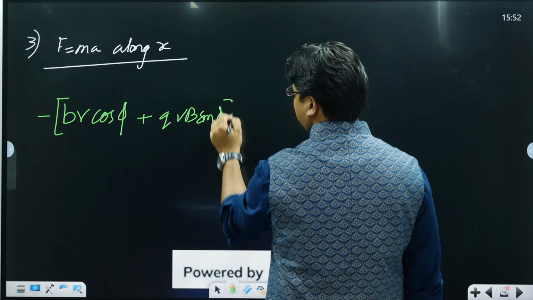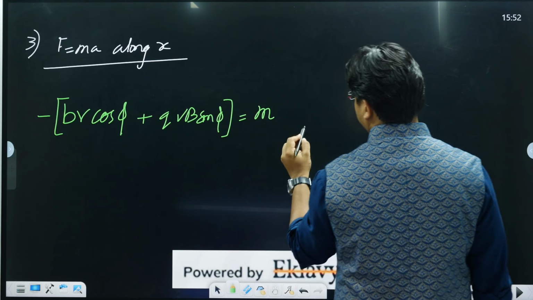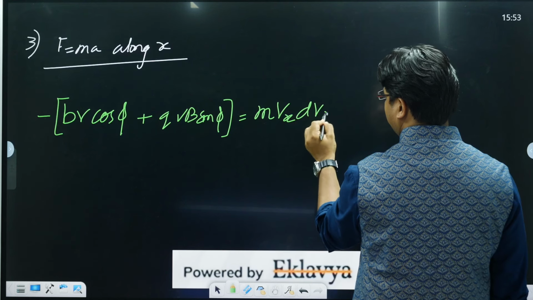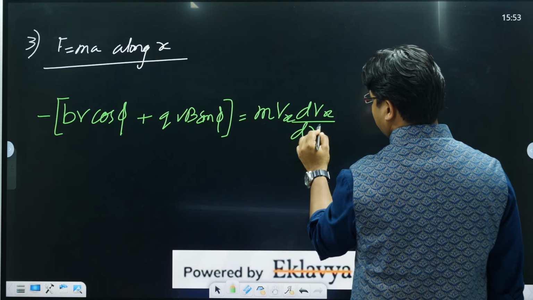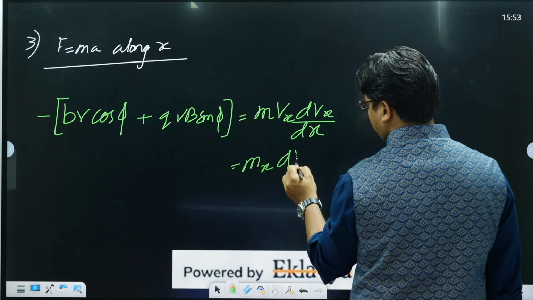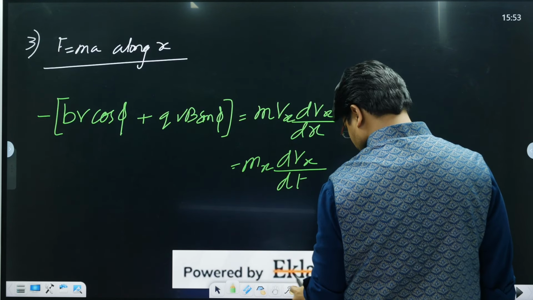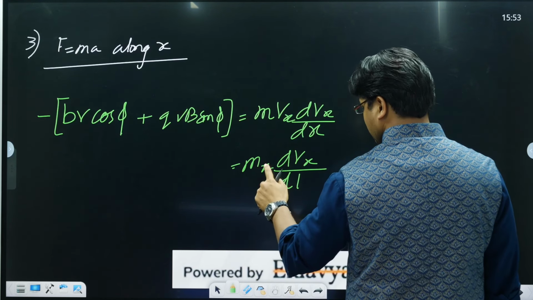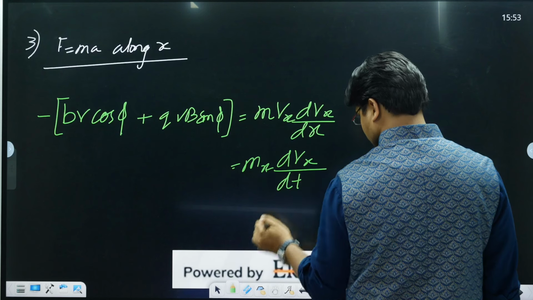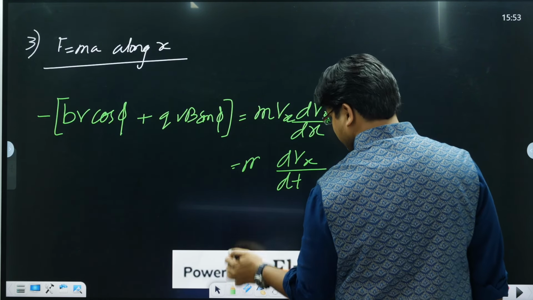This is equal to m into acceleration in x direction, that can be written as Vx into dVx by dx, or if you want, you can also write it as m into dVx by dt. It's only m.